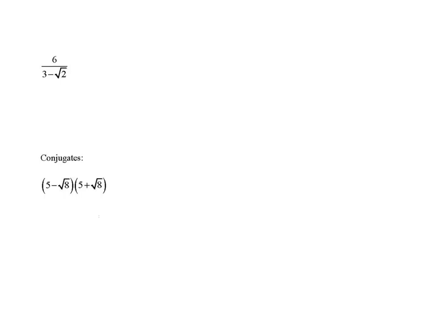Let's multiply those together and see what we get. Once again, we'll just write out the 4 pieces. So we get 25 plus 5 root 8 minus 5 root 8 plus minus 8. Now notice that these 2 pieces, when added together, add up to 0.